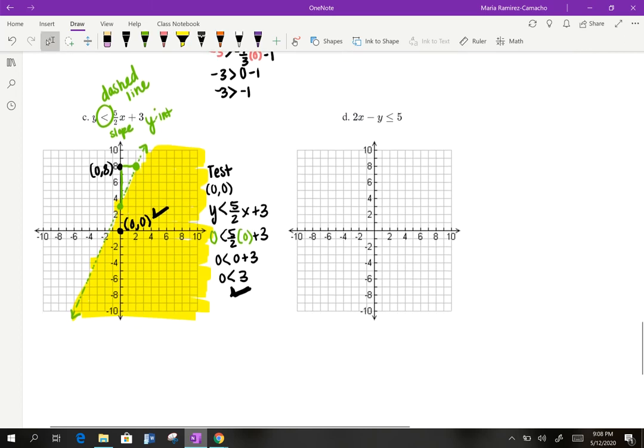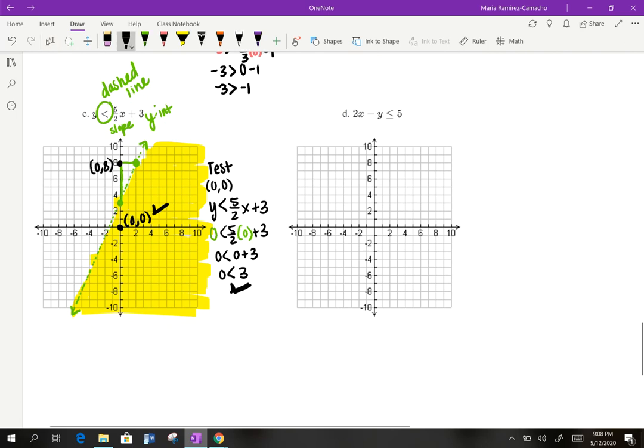Let's be thorough. I'm getting a little tired and I don't want to test 0, 8 to show you, but it's always good to be thorough. So let's just make sure that 0, 8 doesn't work to verify that we shouldn't be shading in that direction. So here's my original inequality again.